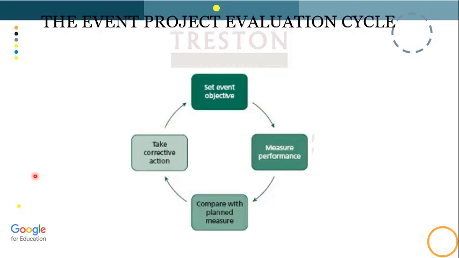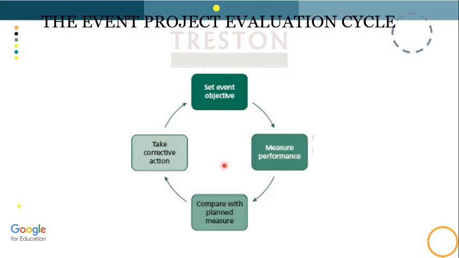Now, you have here in this slide the event project evaluation cycle, how you could evaluate your event. So once you set, on top, of course, is setting the event objective. Once you have that objective, you can now measure your performance based on that objective, and then compare it with your plan measure.